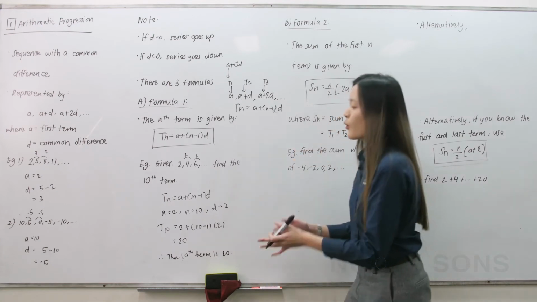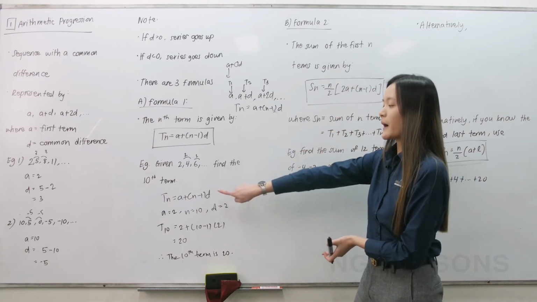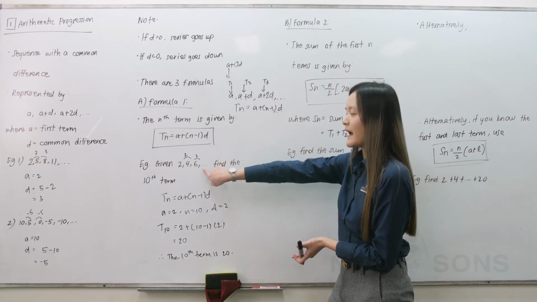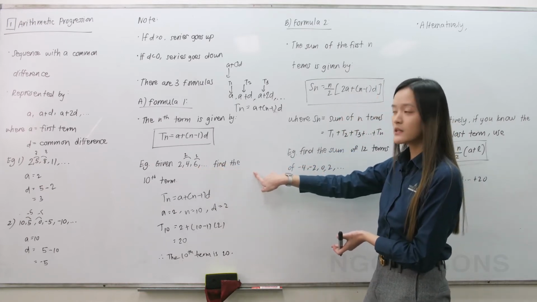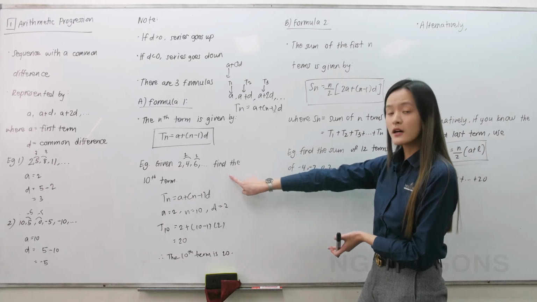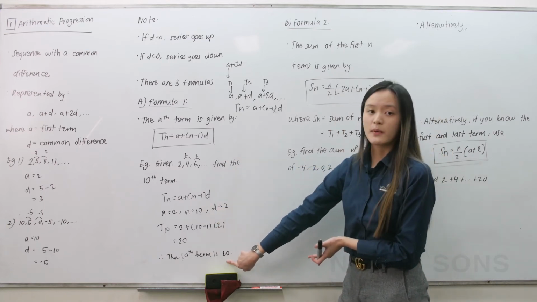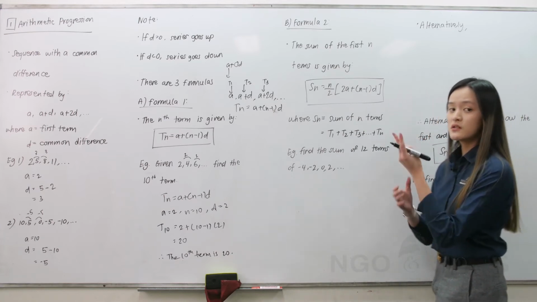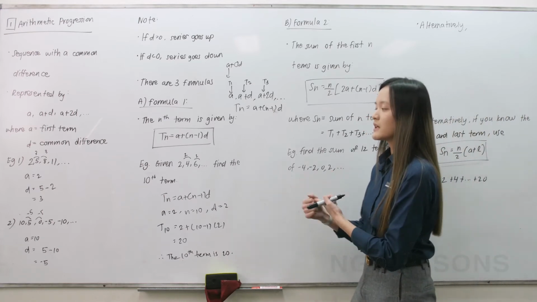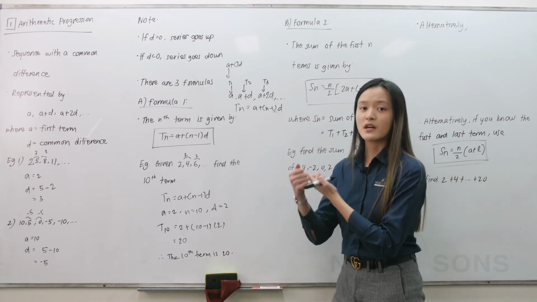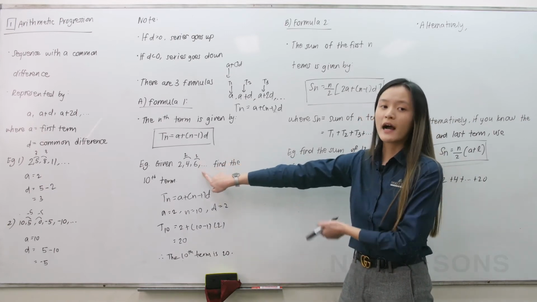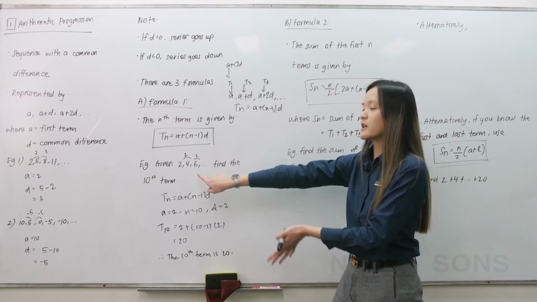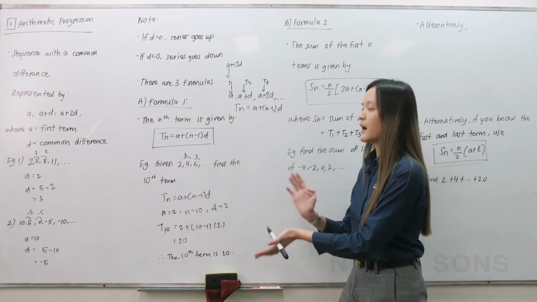So what I've done in this question is, by using my Tn formula, I have found that if I write out all the terms in this sequence and pick out the 10th term, the number is going to be 20. So what did you guys learn in this question? Two things. The first thing is, if the question gives you a sequence, identify what type of sequence you have yourself first. Don't just assume it's an AP or whatever other sequence.